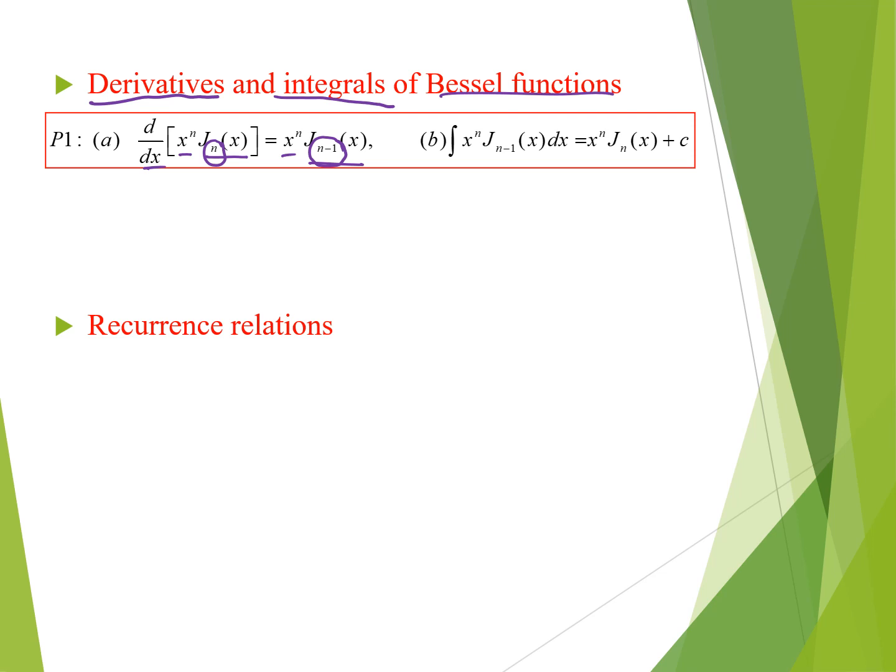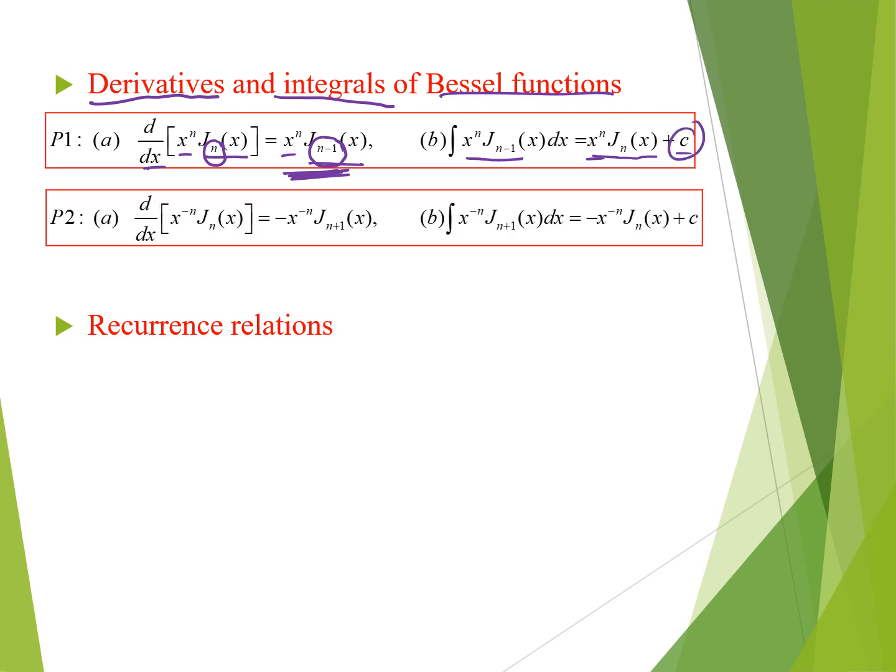Now the integration of x^n J_(n-1) dx will be equal to x^n J_n(x) plus an arbitrary constant c, that is, we have integrated the right side with respect to x.